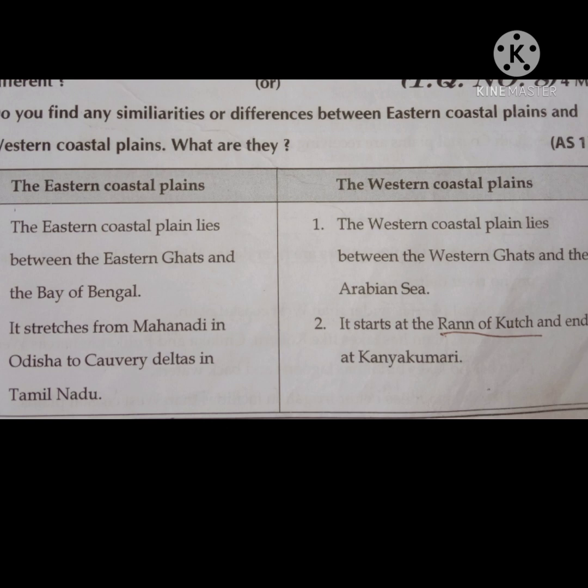The western coastal plains lie between Western Ghats and the Arabian Sea. The eastern coastal plains stretch from Mahanadi in Odisha to Kaveri Delta in Tamil Nadu. The western coastal plains start from Rann of Kutch and end at Kanyakumari.